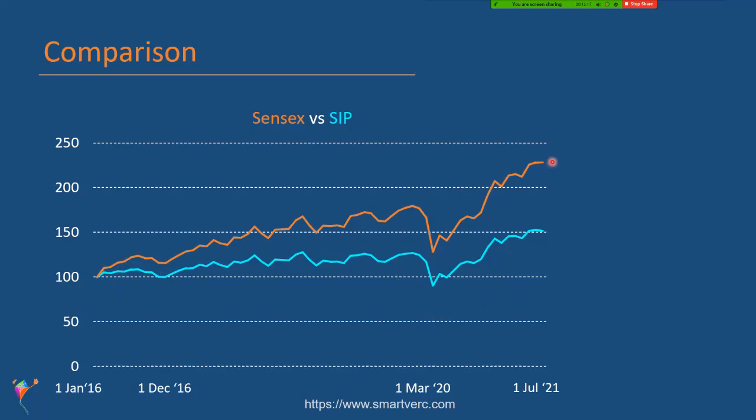So that is the difference. Also, we must appreciate that this gentleman who has invested in the absolute Sensex invested his whole money at the beginning of the period, while this gentleman is investing over a period of time. So the average investment by the second person is way less, because it is staggered, and so are the returns.